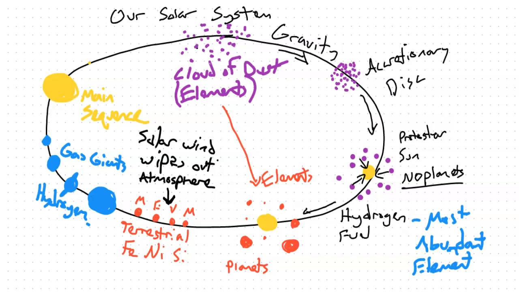So as things are orbiting the sun here, we finally have a stable solar system. But this is far beyond 4.6 billion years ago.